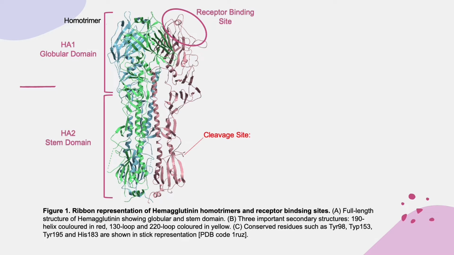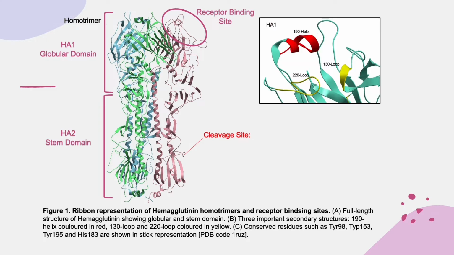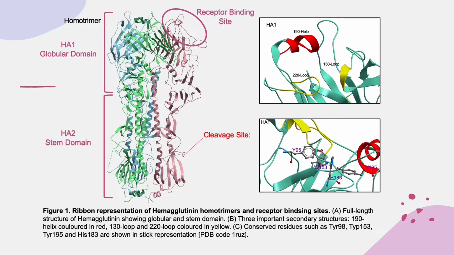In the active conformation of HA, the receptor binding sites at the membrane-distal tip of each monomer are formed by three secondary elements: the 190 helix, and the 130 and 220 loops, with the base made up of conserved amino acids tyrosine 95, tryptophan 153, histidine 183, and tyrosine 195.